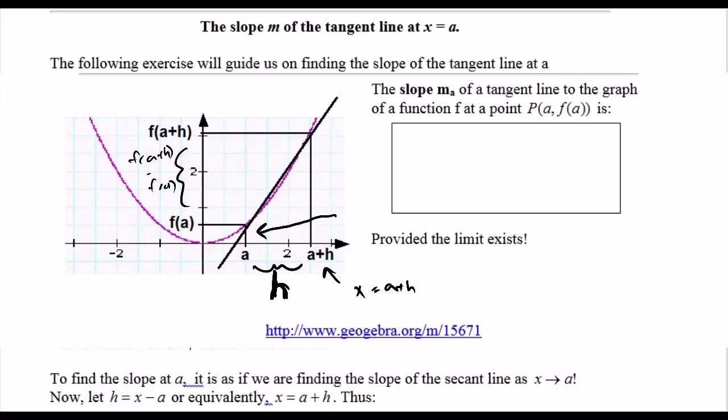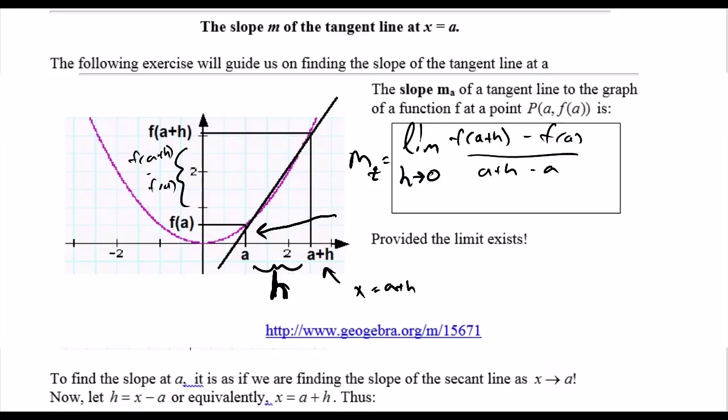Going towards 0, we're talking about a limit. So the limit as h approaches 0 of our slope will give us the slope of the tangent line. The slope of our tangent line is going to be the limit as h approaches 0 of the slope of our secant. The slope of our secant, as we write it out new, is going to be f of a plus h minus f of a all over a plus h minus a.